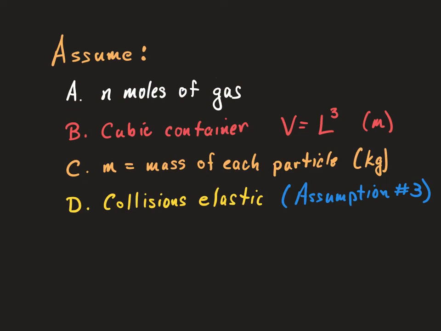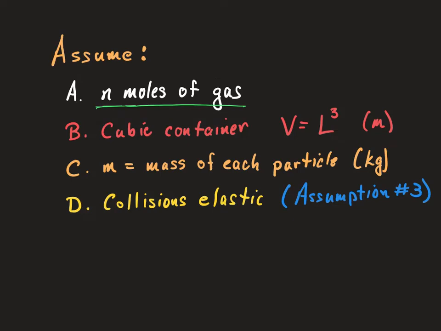So now, before we do our derivation, we have a couple of other things that we can assume. Right? So we're going to be working with n moles of gas. Let me make my pen a little bigger. So some number of moles of gas.